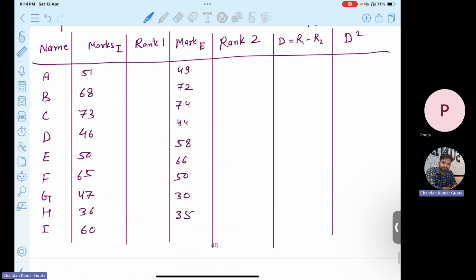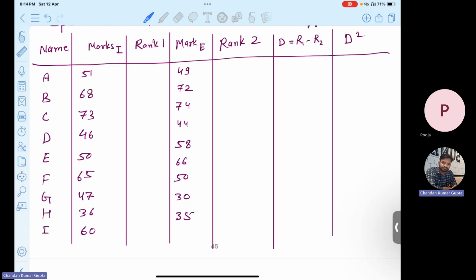Okay, so how to rank these? R1 is like the greatest number is here. If you can see, 73 is there, so it is 1. Okay, then 68 is there, then 65, and then 60.